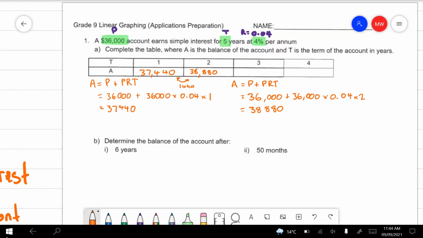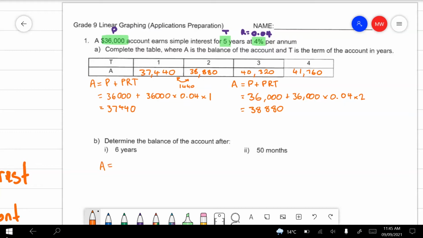So I can just keep increasing this by just adding $1,440 on each time, and just finish filling out this table a little bit quicker because I don't want to waste any time during my test. But I will get stuck when I get to question B. This is where we need to use the formula because it's an unknown number and I'd have to keep adding it on, and they could ask you any number here.